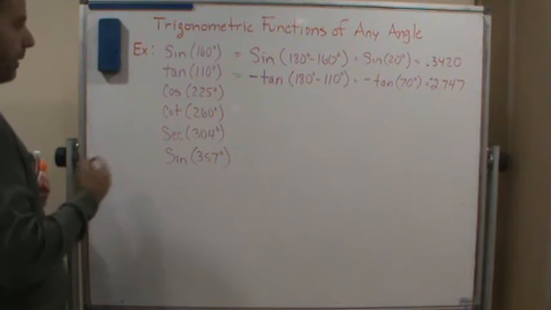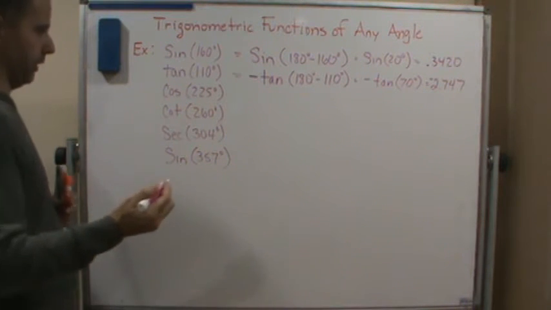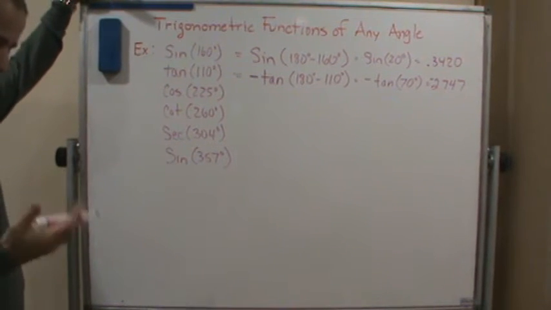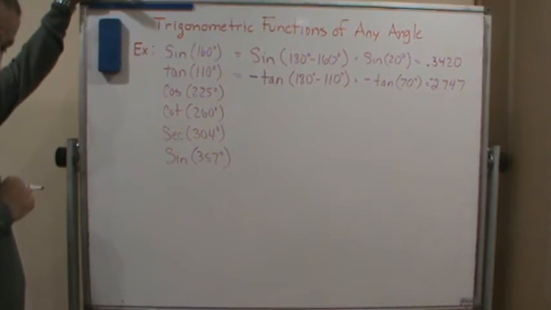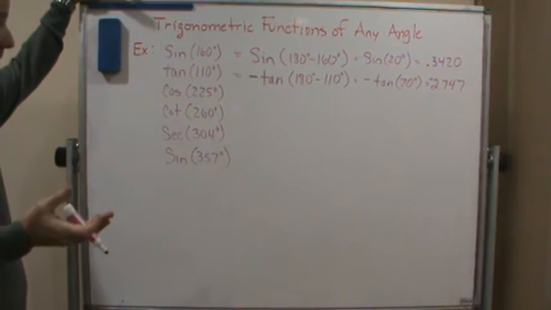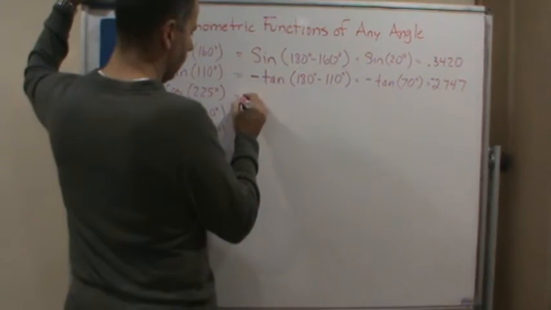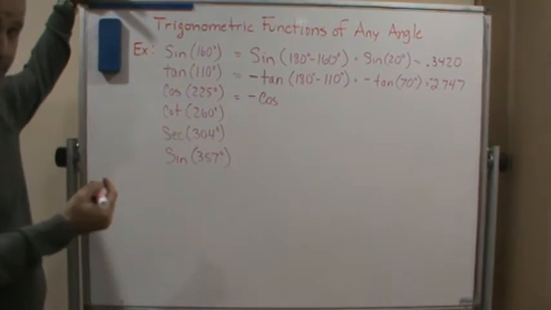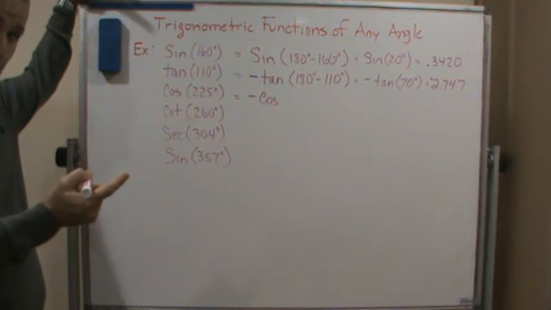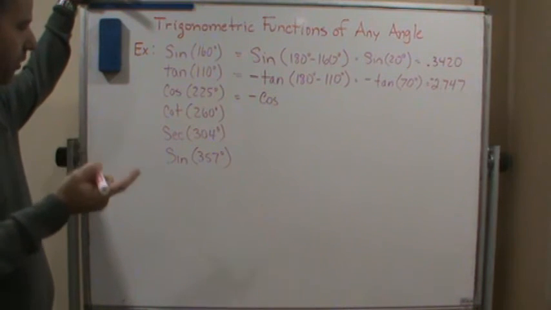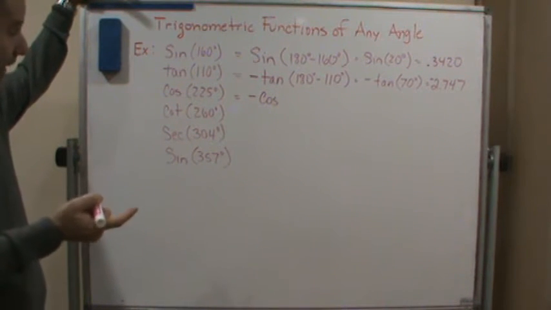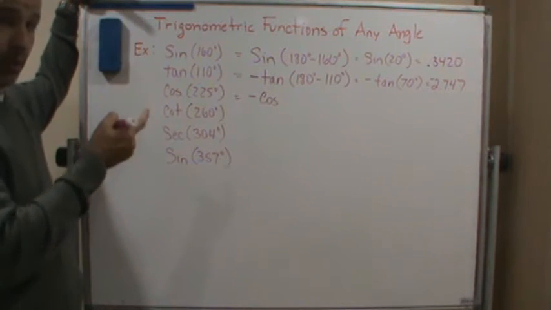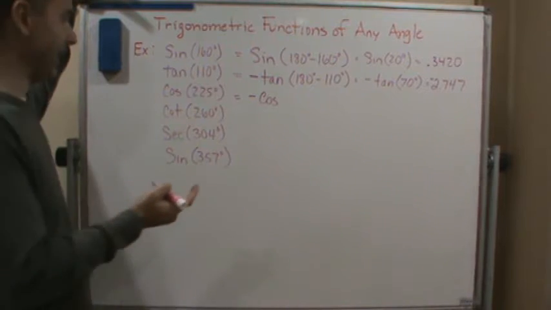Now cosine of 225. That puts us in the third quadrant. What sign does cosine have in quadrant 3? In quadrant 3, it's going to be negative. So it's going to be negative cosine, and then we need to find our reference angle. It's in the third quadrant, which means we're going to subtract off 180.